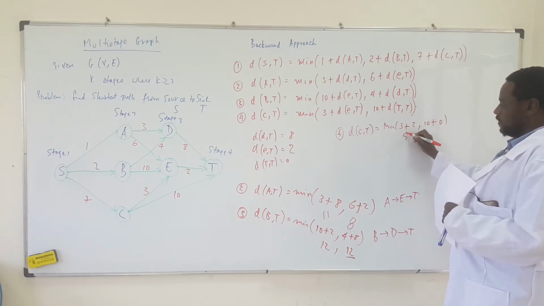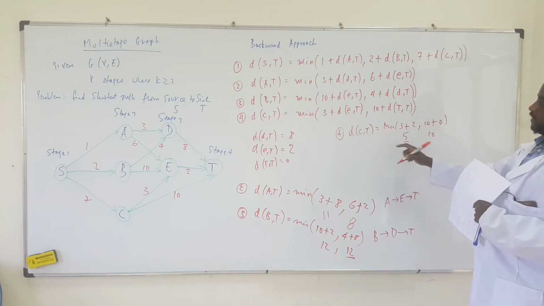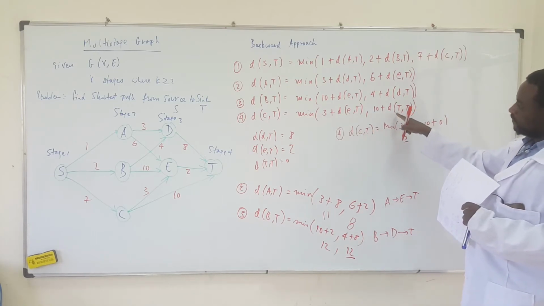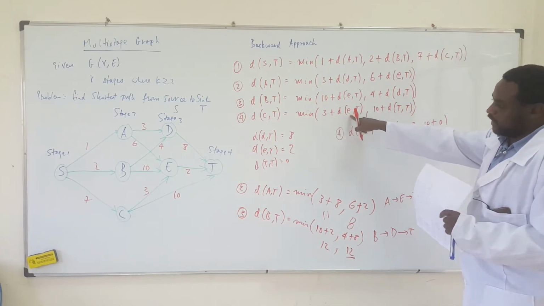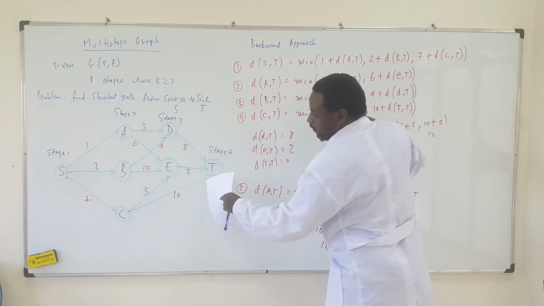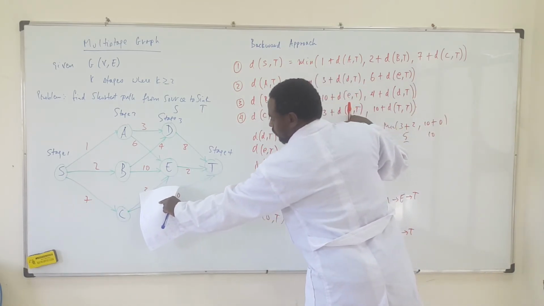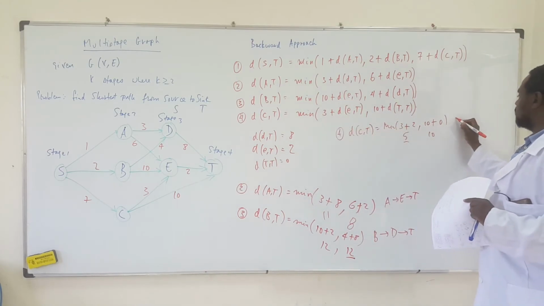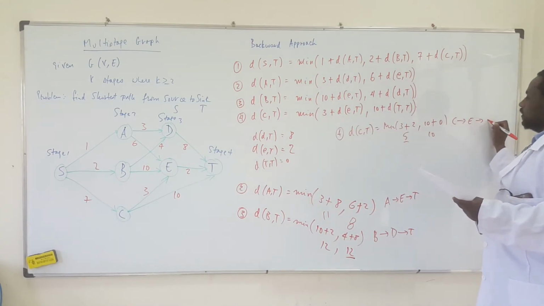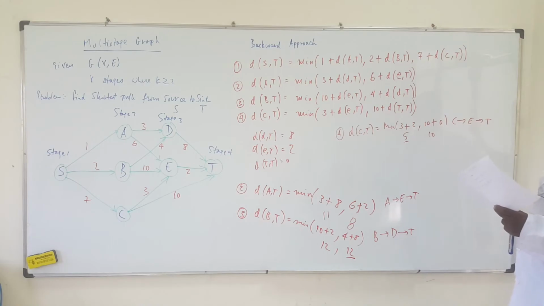Obviously this one is smaller. So to go from C to T, we must go through E. Going directly is longer, but going through E it will be shorter. So C E T.